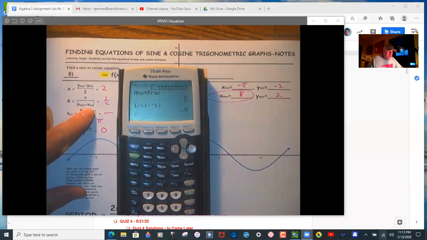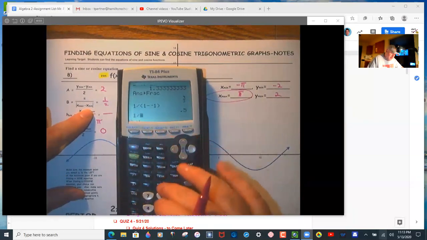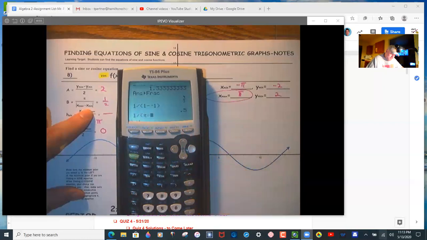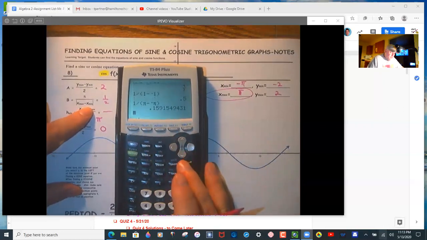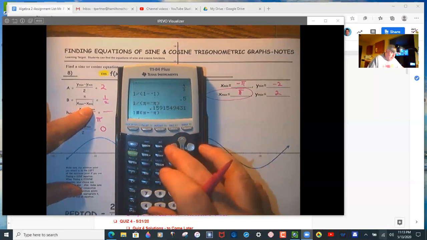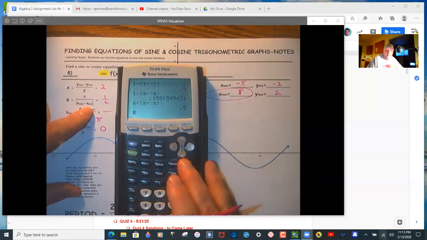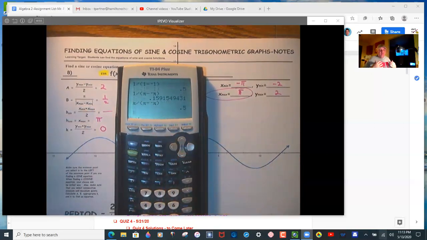So x max is pi, x min. Literally, if you are a person that needs to do everything, you can actually, on b, for the value of b, this needs to be pi, you can actually do it with pi in there if you literally wanted to do it.